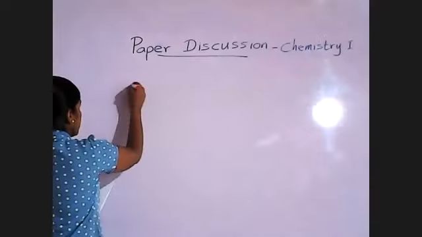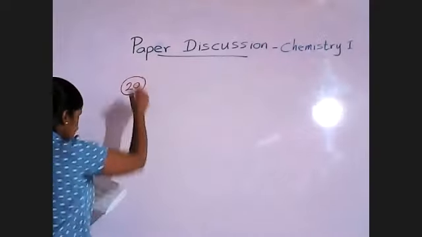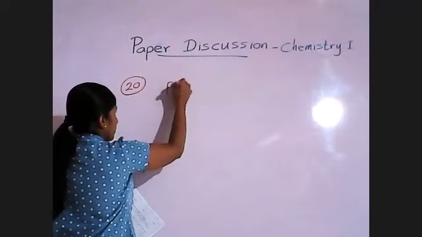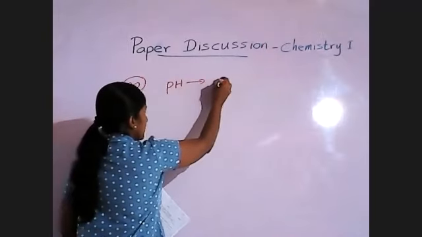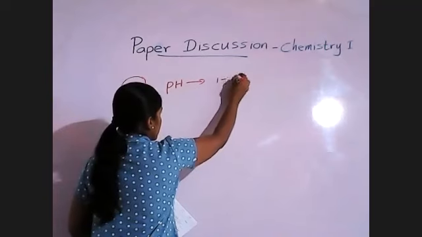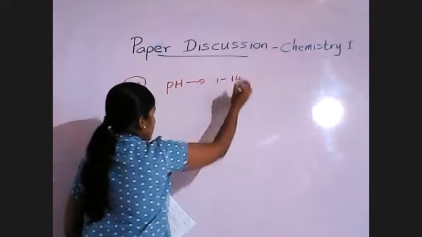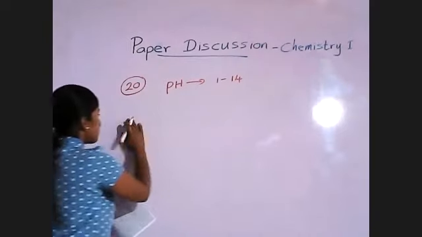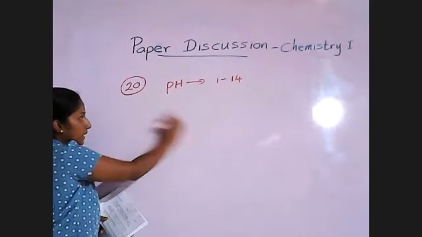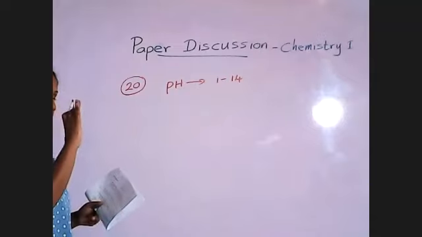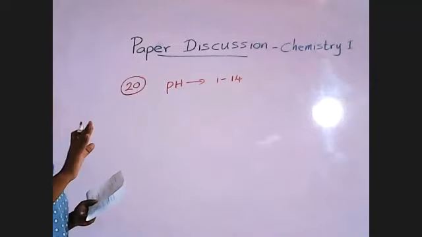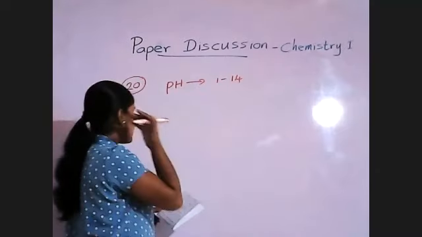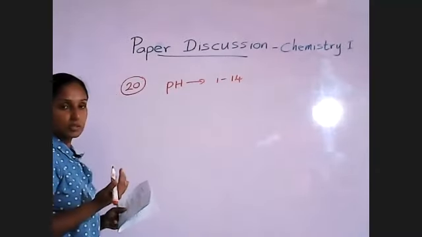Question number 20, pH value. Normally we know that the pH scale is from 1 to 14. How does it spread through strong acids, weak acids, weak bases, strong bases and neutral solutions?